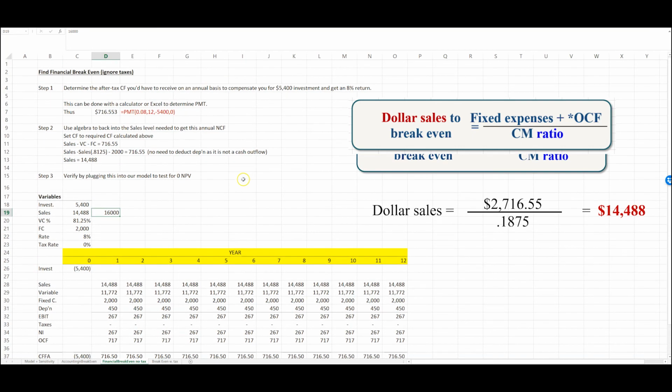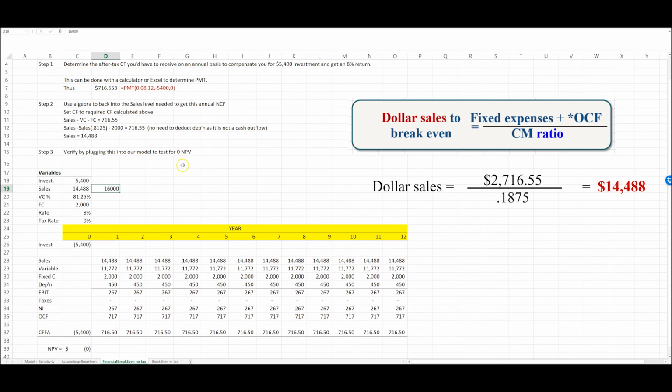Okay. So on a financial basis, what we need to do first is estimate the level of cash flows from assets that will provide us with a 0 NPV. And so we work a little bit differently than with accounting break-even. We start at the bottom and work our way up. To figure out the level of sales that will give me the required level of cash flow from assets, first figure out the level of cash flow from assets.